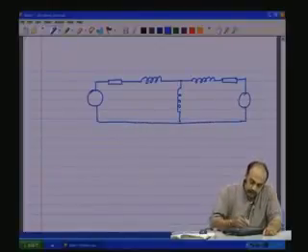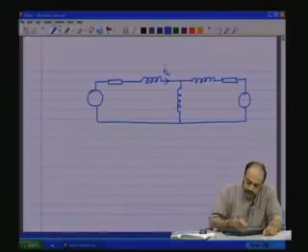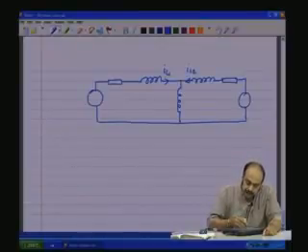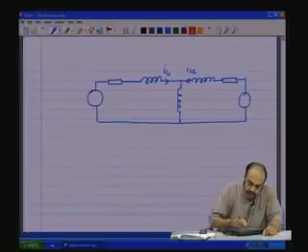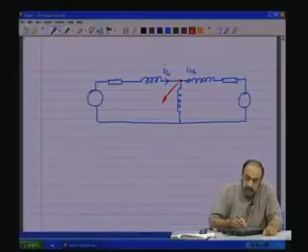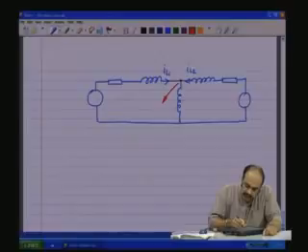So, here we would be considering, let us say this is IL1 and let us say this is IL2. So, once these become the state variables, the current through the third inductor is automatically determined by Kirchhoff's current law, and this is most fundamental. There should not be any accumulation of current here. So, by Kirchhoff's current law, this is IL1 plus IL2, and therefore, this is not a state variable.